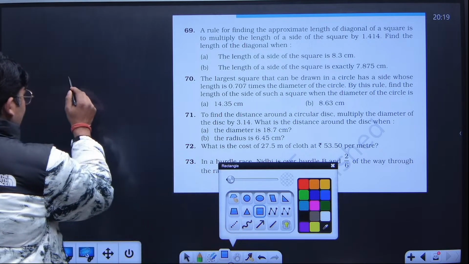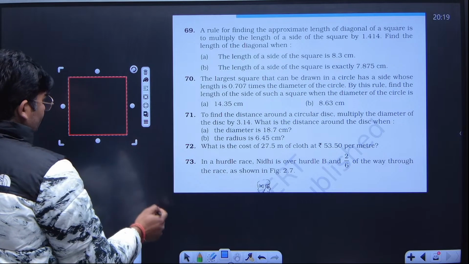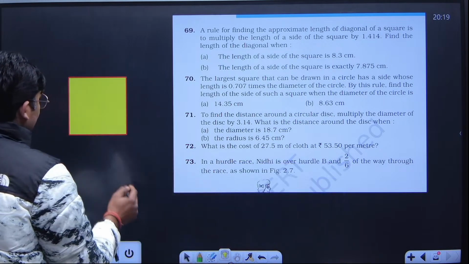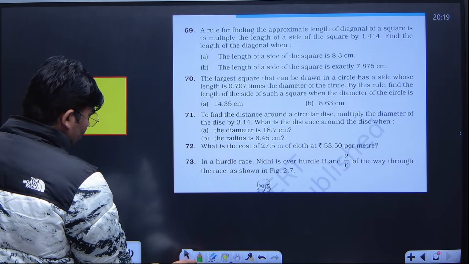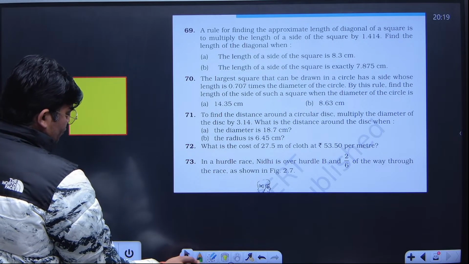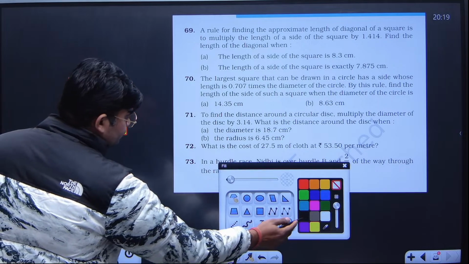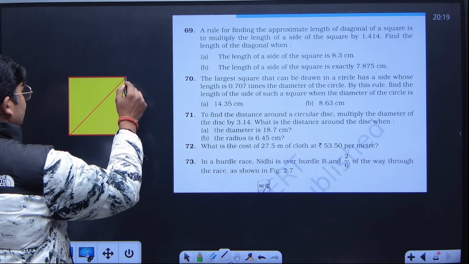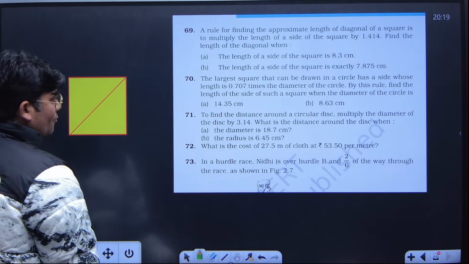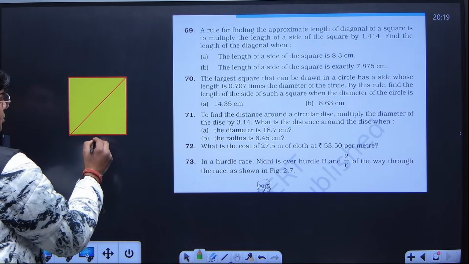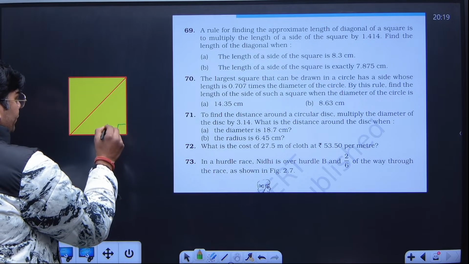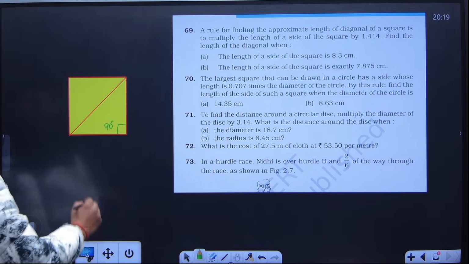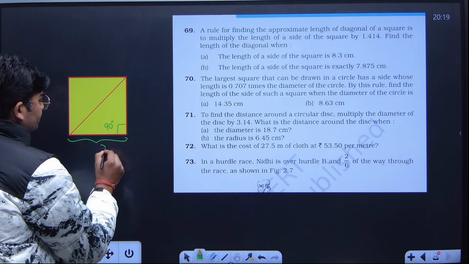I will show you a bigger picture. 11.7302. So in a square, this angle is 90 degree. Suppose this is of length x.